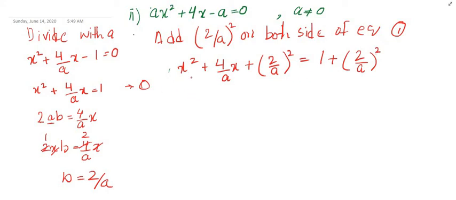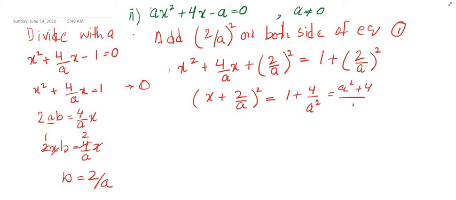Now this is a square plus 2ab plus b square. We can write it as a plus b whole square equals to 1 plus 4 by a square, equals to a square plus 4 by a square. Clear? Now take square root on both sides. Square root cancels with square.